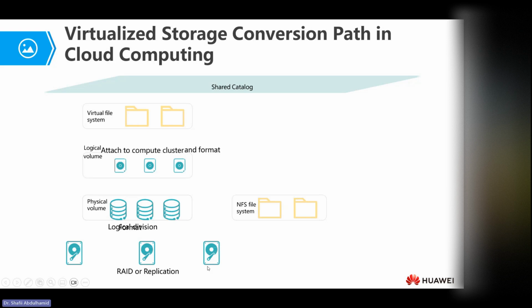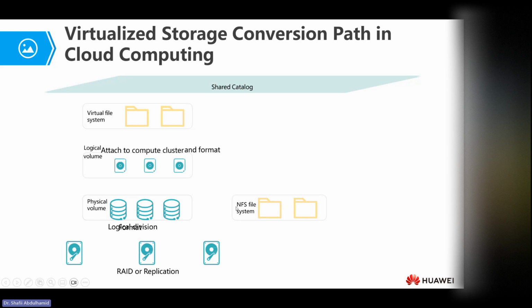So with these physical storage devices created using either RAID or replication, we can now have what is called a physical volume of the resources, or the storage space. And then different types of file systems can be stored in it.